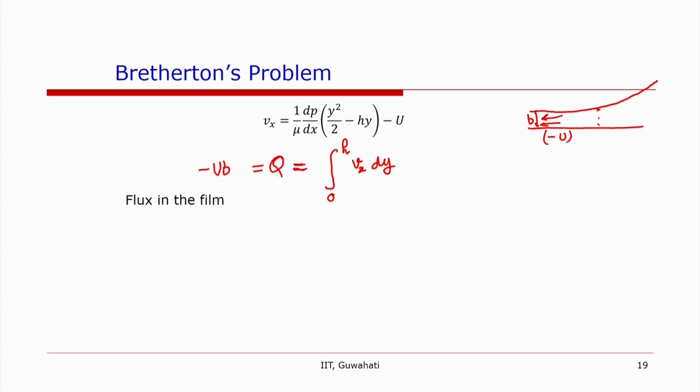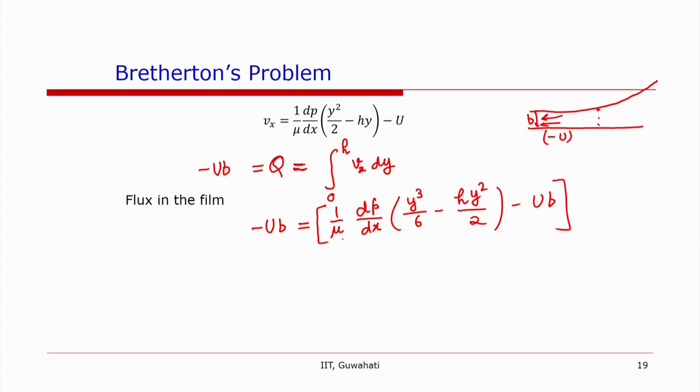If we substitute this here, we got minus ub is equal to 1 over mu dp over dx, y cube over 6 minus h y square divided by 2, minus u y, with the integration limits from 0 to h.